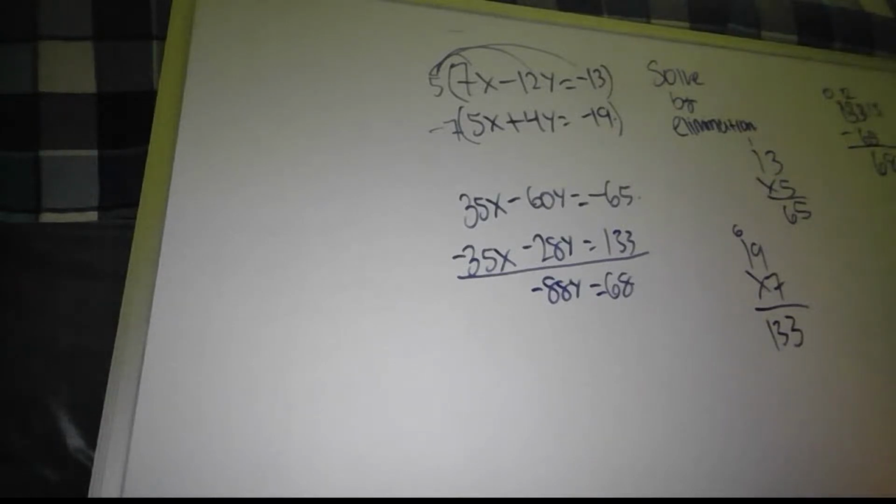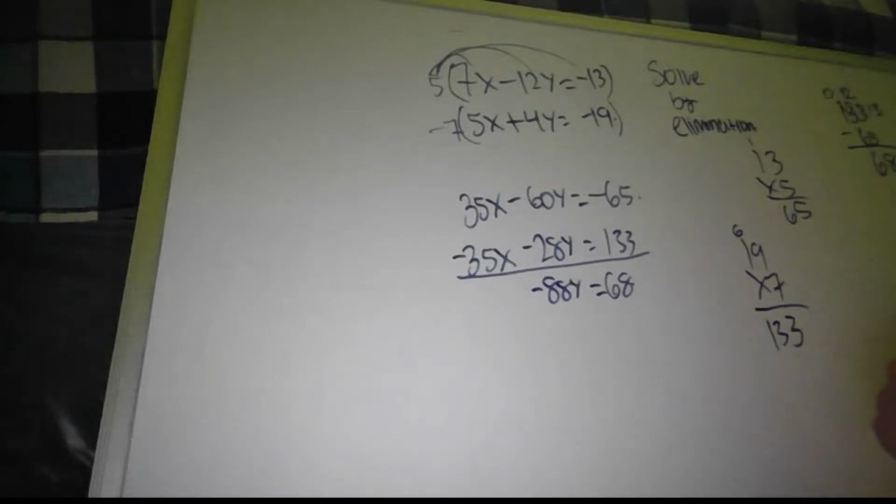Negative 35x minus 28y, right? And then I wonder what I did wrong. Did I do something wrong? Because it's 35x, right? 35x.